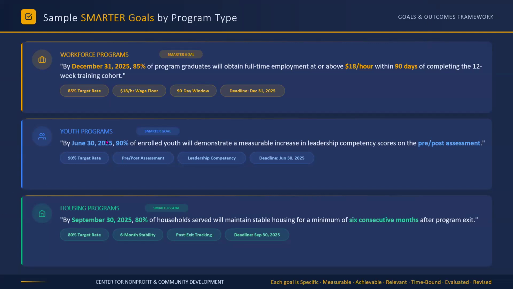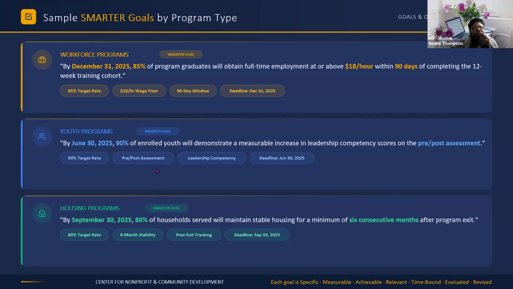Okay, read to me about the youth program. Youth program: by June 30th, 2025, 90% of enrolled youth will demonstrate a measurable increase in leadership competency score on the pre-post assessment. 90% target rate, pre-post assessment, leadership competency, deadline June 30, 2025.